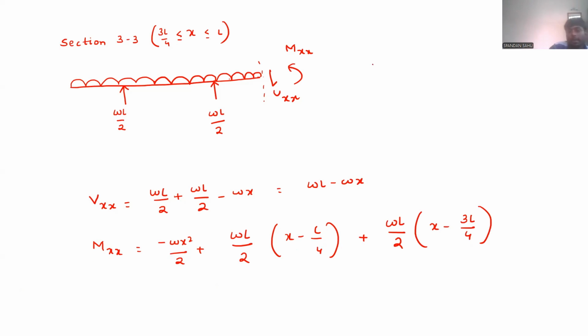Now I am writing it here. At x equal to 3L by 4, your Vxx is coming out to be WL minus 3WL by 4. So it is WL by 2.